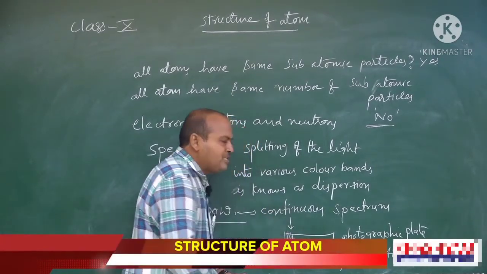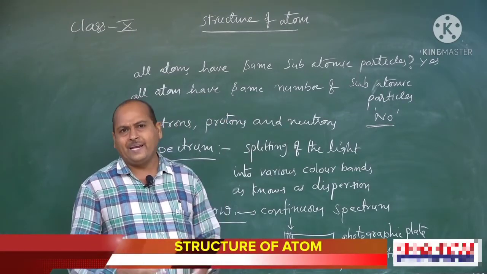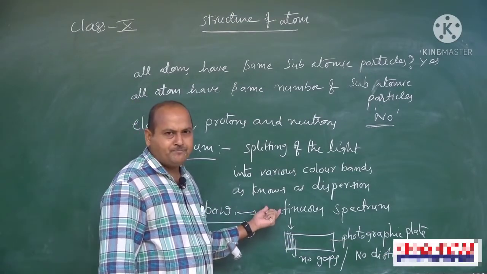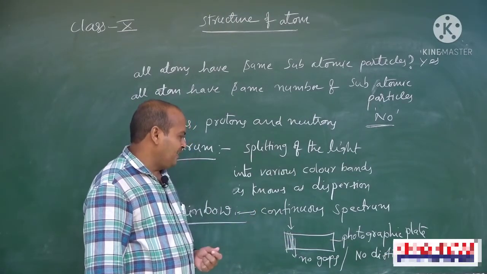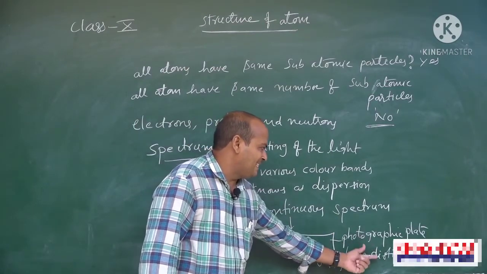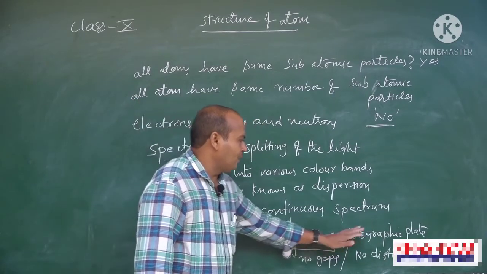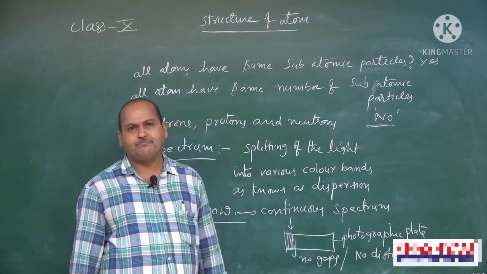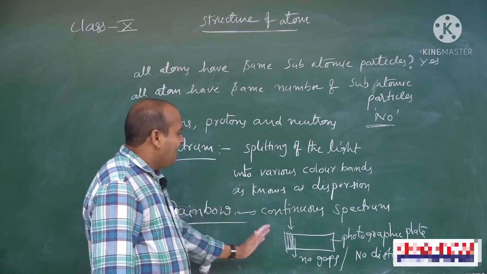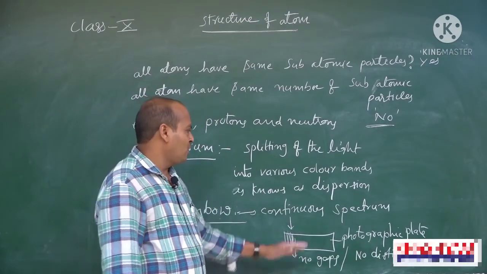One color merges with another color, like a rainbow. So a rainbow is a continuous spectrum, in which there are no gaps and no distinct lines on the photographic plate.